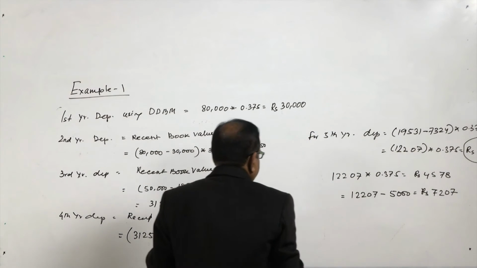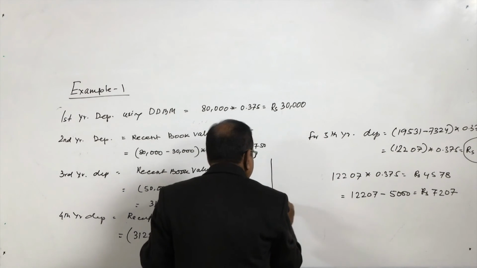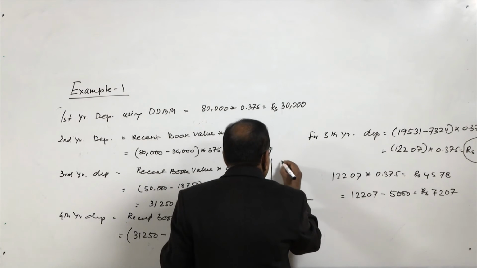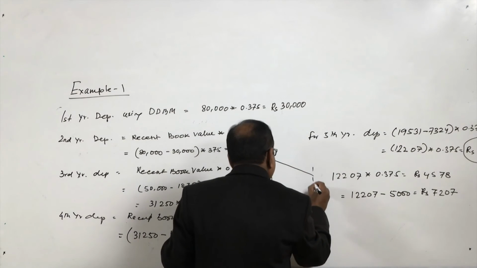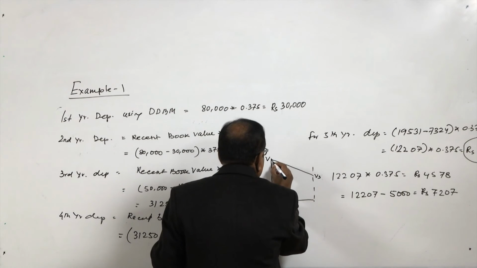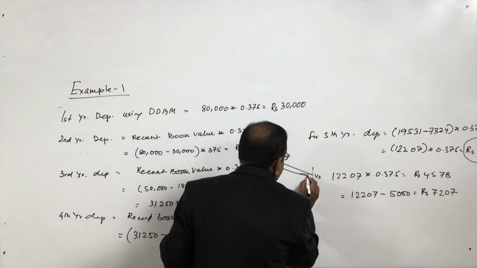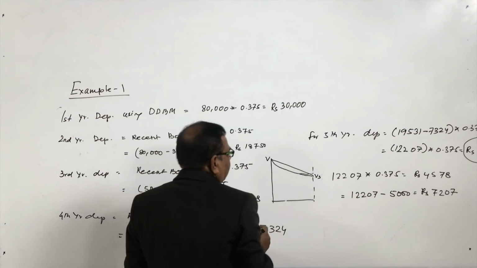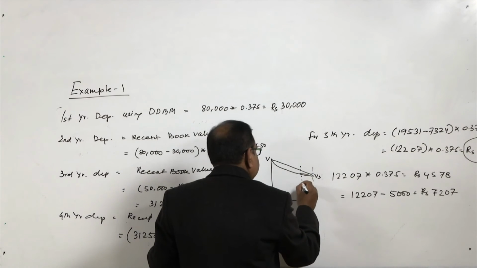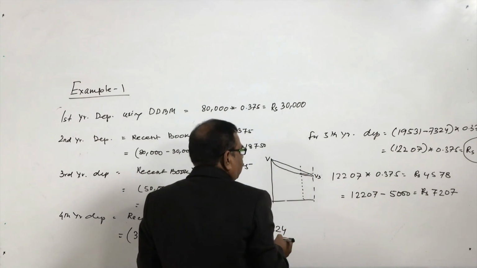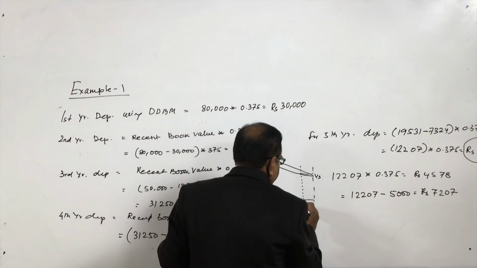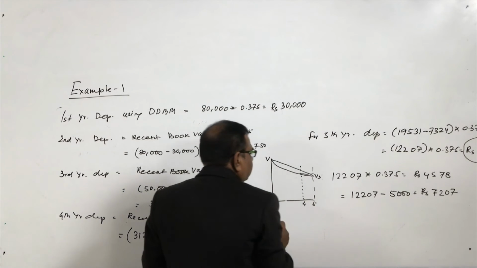That means this is Vs, this is V. I was moving something like this above Vs. So, from here we have taken a straight line, this is 4th year to 5th year, this is 5th year.